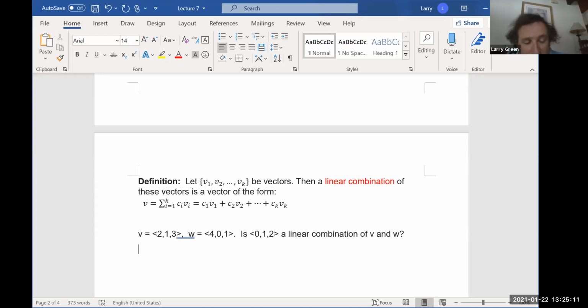So the question is, can we write (0, 1, 2) in the form AV plus BW? Can that be written, equal question mark, (0, 1, 2)? If the answer is yes, then it's a linear combination. If the answer is no, then it's not a linear combination. Any questions on that?